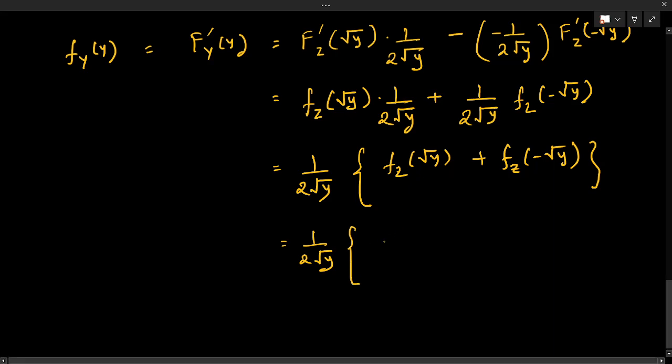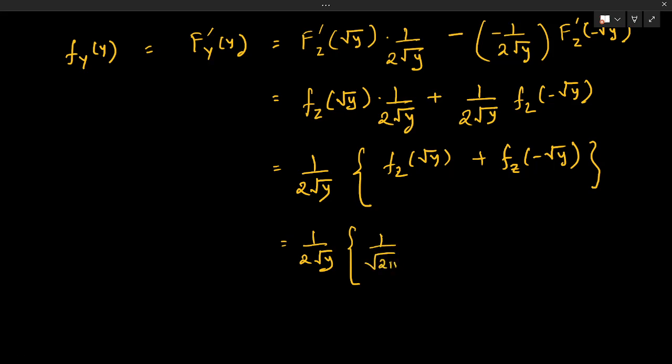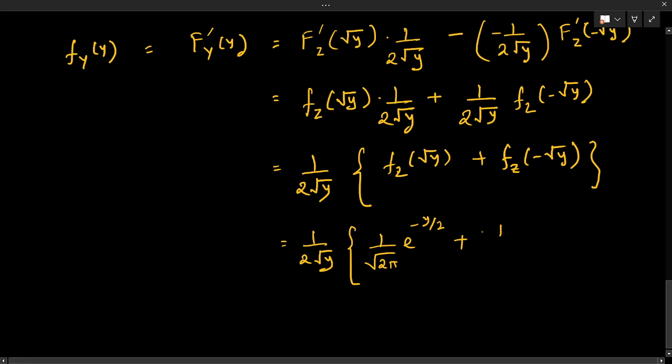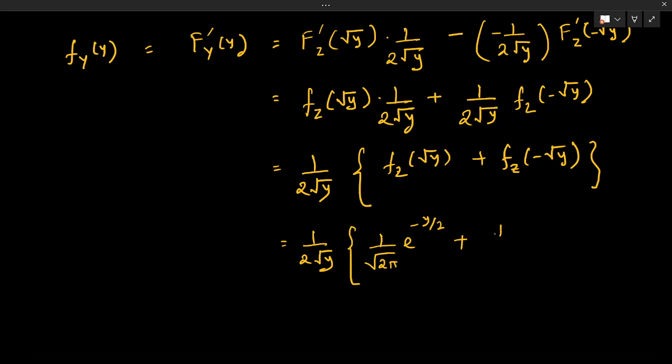and f_Z of root y is nothing but 1 by root over 2 pi e to the power minus y by 2, and f_Z of minus root y is also the same because the square of minus root y will be y only. So this is also 1 by root over 2 pi e to the power minus y by 2.